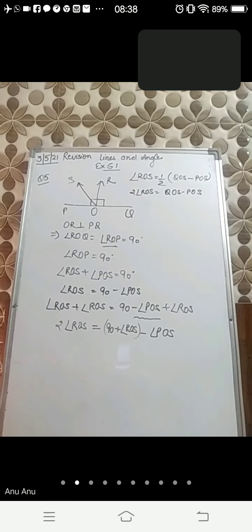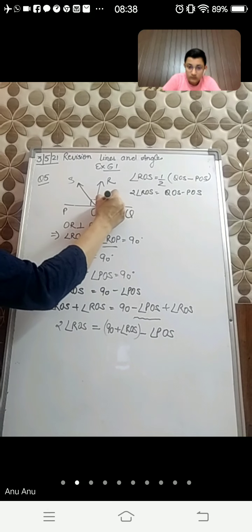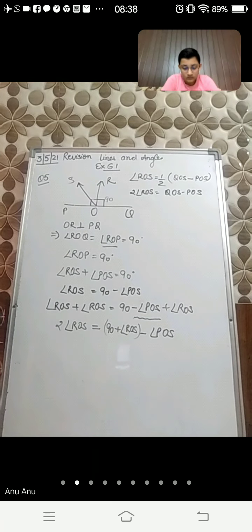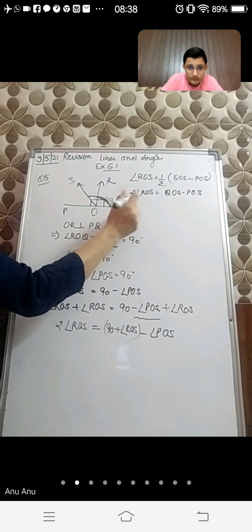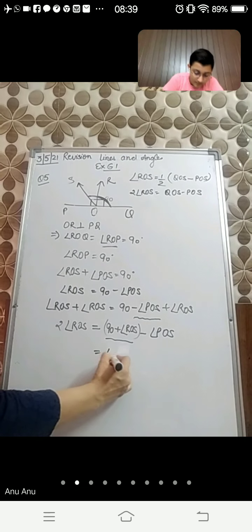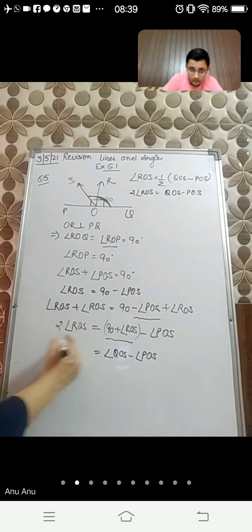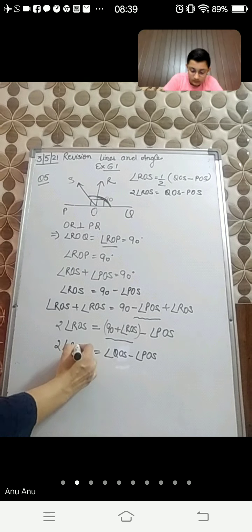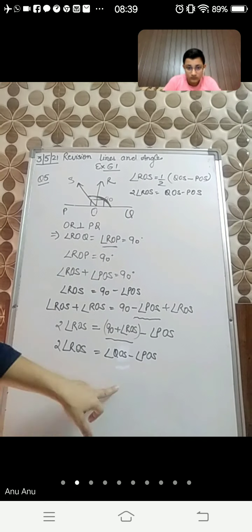So let's check the figure. This is your 90 and this is your ROS. If you add 90 and ROS, it will complete this angle SOQ, or you can say QOS. So can I write its value as QOS minus POS? This I have written the same, and twice of ROS is the same on the left hand side. And this we wanted to prove.